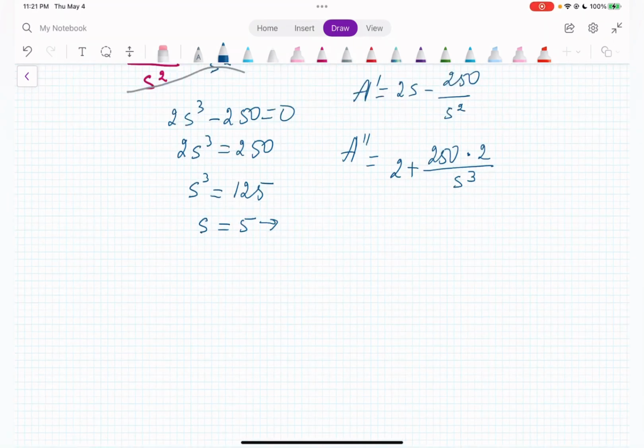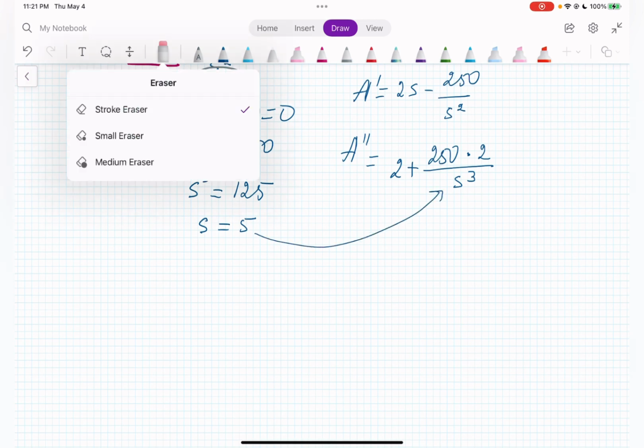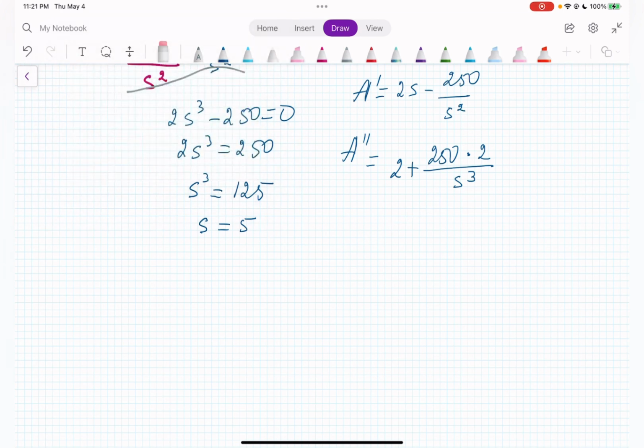So from here, my s is 5. I plug this 5 into this s cubed, and let's see how much I will get. The double prime, second derivative, is going to be 2 plus 500 divided by 5 cubed, which is 125.